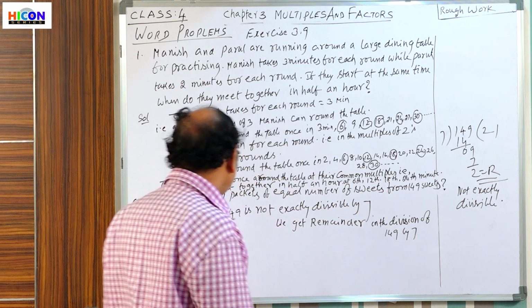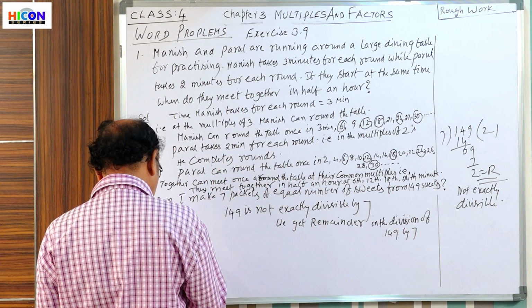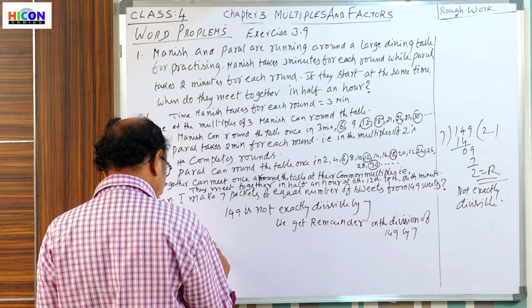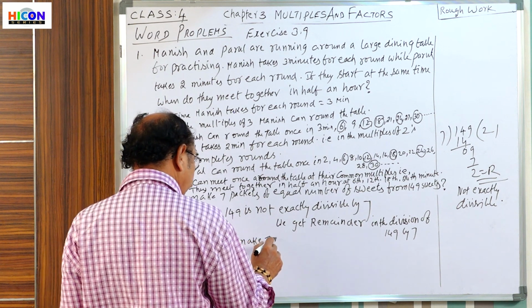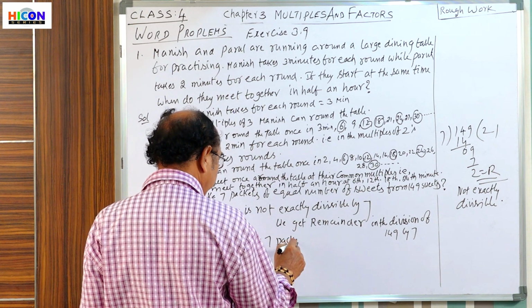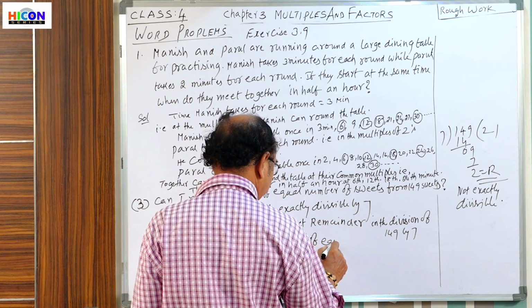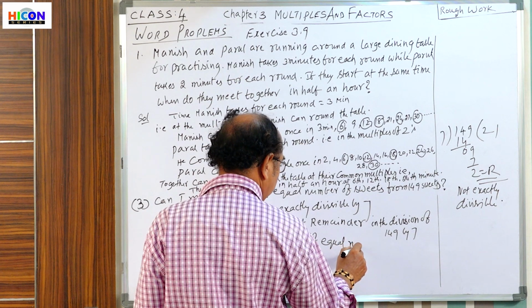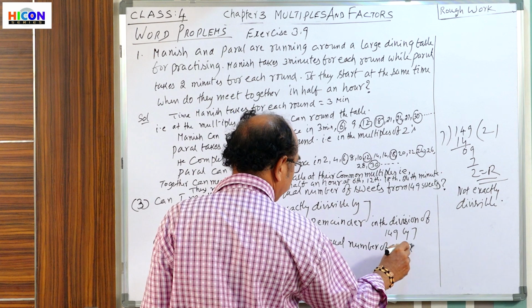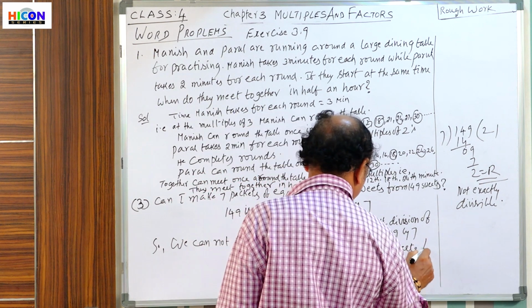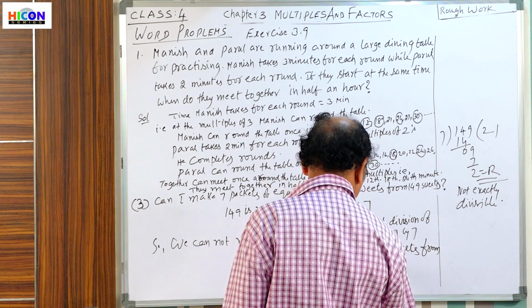That's why we cannot make 7 packets of equal number of sweets from 149 sweets.